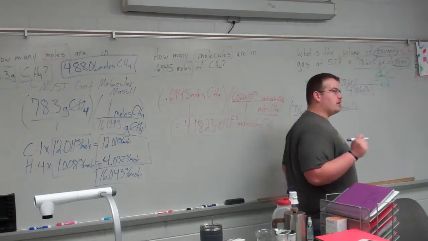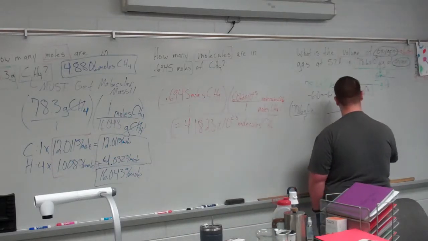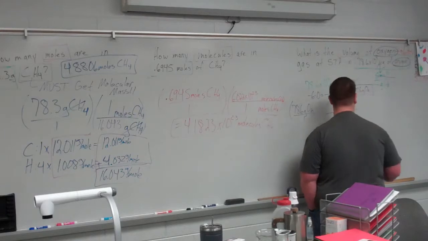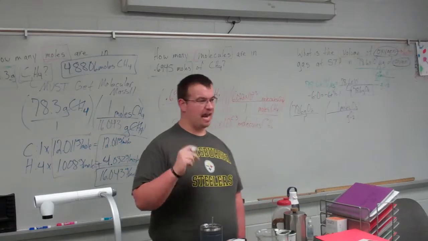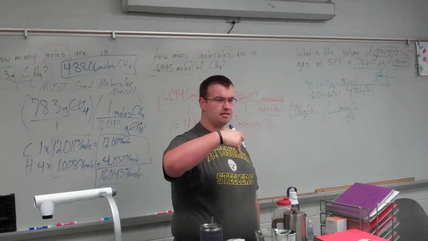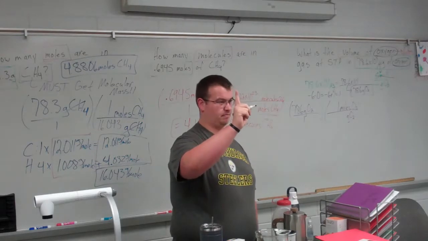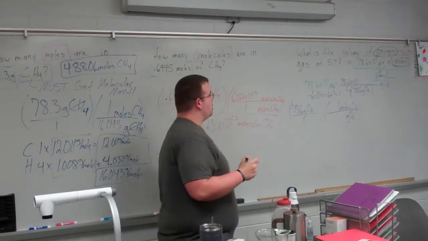And this is where the trick comes in. Grams of O2 is going to go on the bottom. But this is the thing. When you look on your periodic table, the average atomic mass for oxygen is for 1 oxygen. How many oxygens are you dealing with? 2. So you're going to times it by 2.